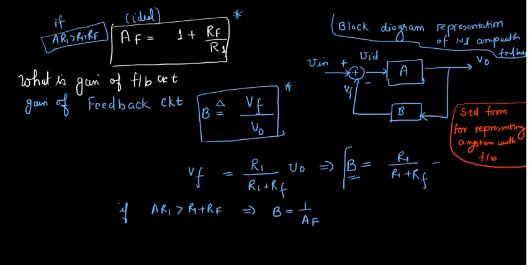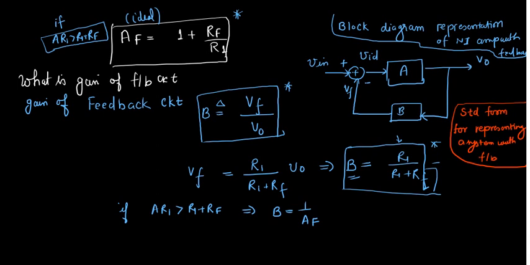This is a very important parameter which will help you in solving the numericals. B is equal to R1 divided by R1 plus RF, where R1 is your input resistor and RF is the feedback resistor, right?